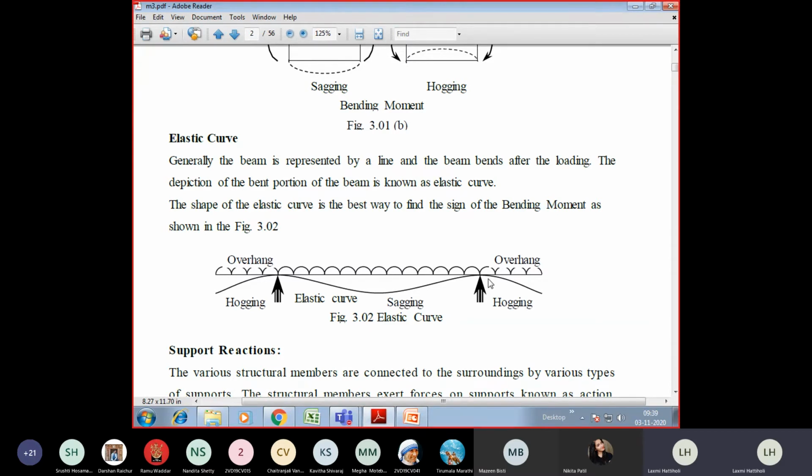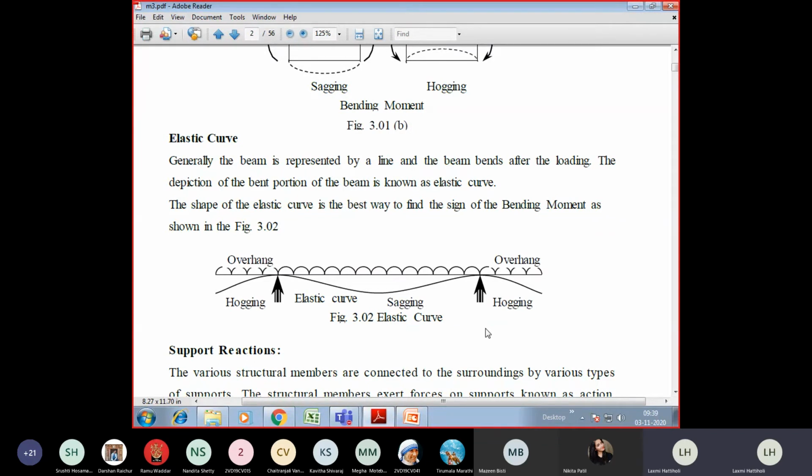Now, because of the UDL and because of the reactions that have been generated, this is how the beam bends, right? This is how the bending of the beam occurs. So you can imagine this. What you do is you can simply take a rubber or any elastic material. I want everyone to do this at home.